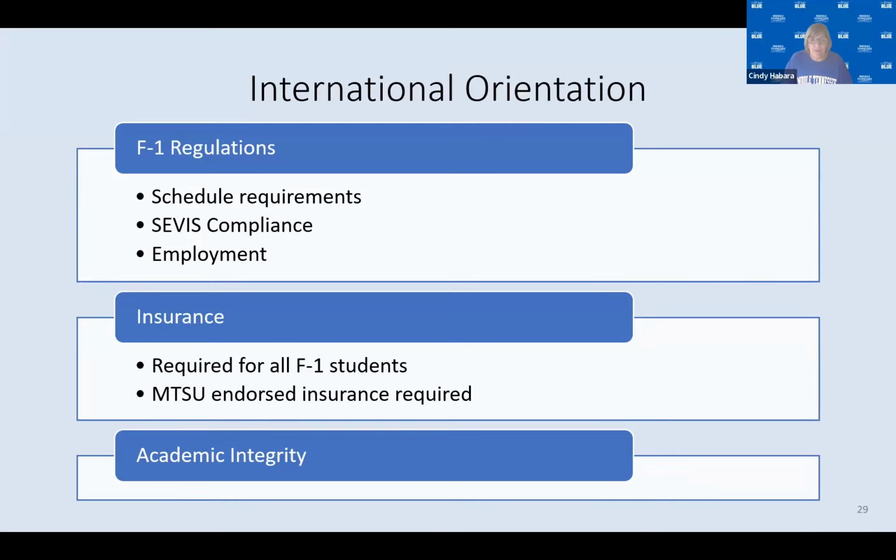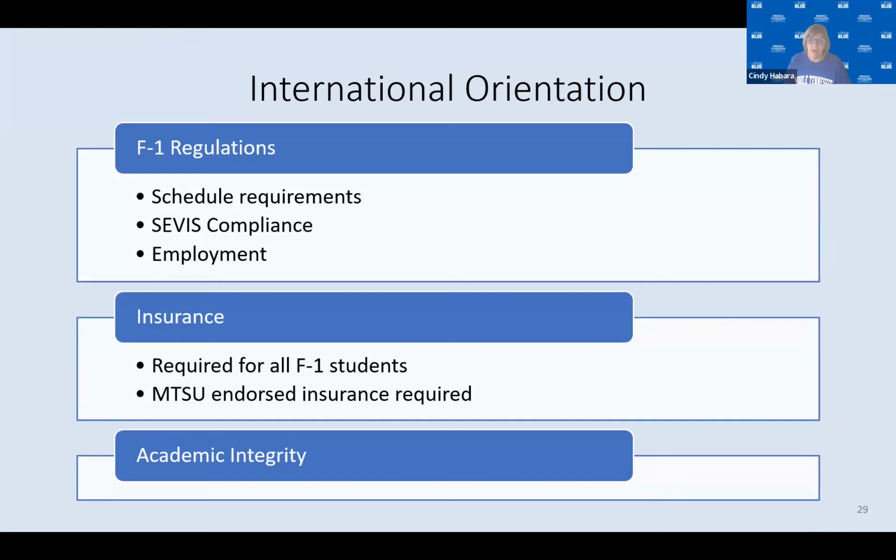Academic integrity: there are a lot of different definitions of what academic integrity is, and plagiarism and cheating are defined differently around the world. Here in America, we have a very narrow definition of academic integrity and of plagiarism. It is not allowed.